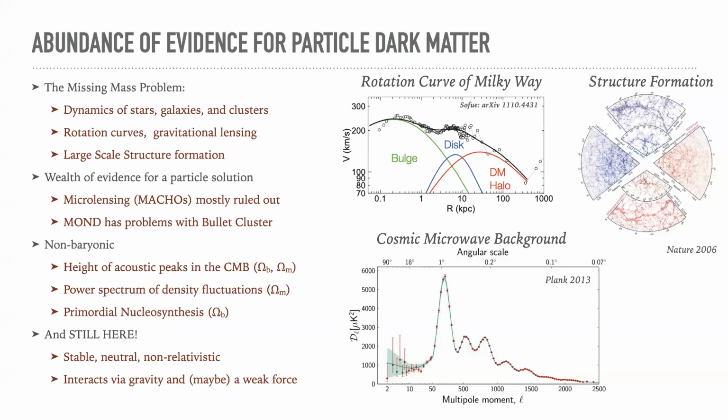Finally, the last hint for us when we're trying to construct what dark matter might be is that we know it still has to be around with us here today. So it has to be something that's stable, something that's neutral, something that's non-relativistic, which is kind of nice because it makes our calculations a bit easier. And we know for sure that it interacts with gravity, and we're hopeful that it also interacts with the weak force.